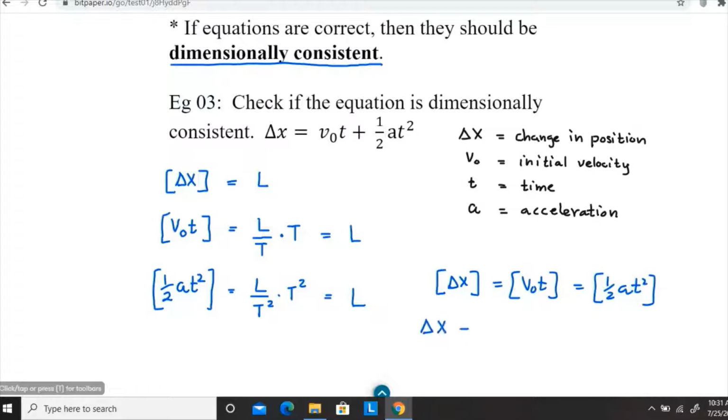Delta x equals v naught t plus 1/2 a t squared is dimensionally consistent, or correct. That's how you use this analysis to show that an equation is correct. And you can check this with so many other equations that we are going to discuss in this course. Just try to see their dimensions and whether the dimensions are consistent.